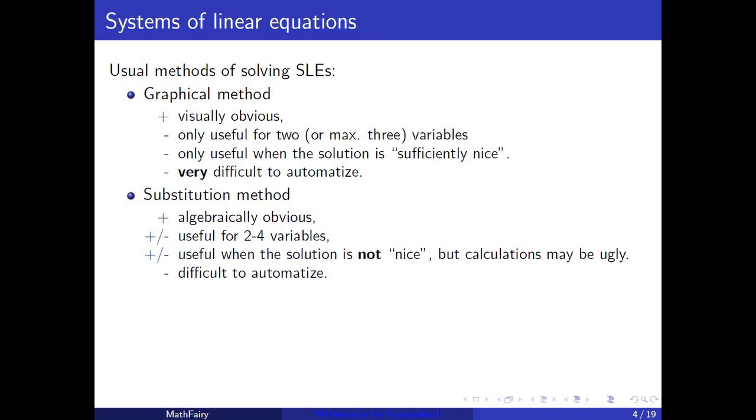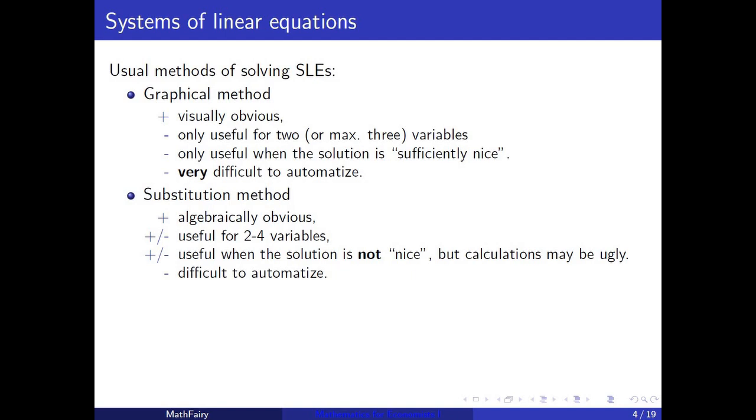Now the second method that you might have learned about is the substitution method. In this method, one makes one of the variables the subject of one of the equations and then subsequently substitutes it into all of the equations, thus reducing the number of equations and number of variables by one. If we keep going systematically like this, eventually we'll be left with a single equation for one single variable which we could solve.